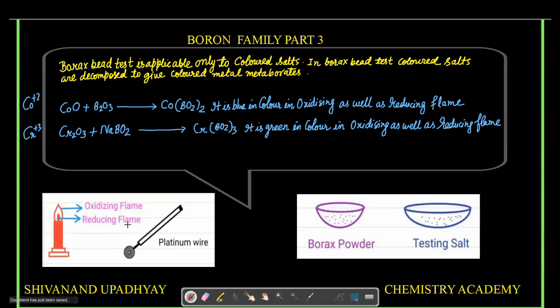For other salts, the color is different in the oxidizing and reducing flames. You should remember at least these two, which are very important and are asked in JEE Advanced. So this is about the borax bead test. Cobalt oxide reacts with B2O3 to form this compound, and because cobalt is colored, the color appears inside the bead, which is why the bead becomes blue.